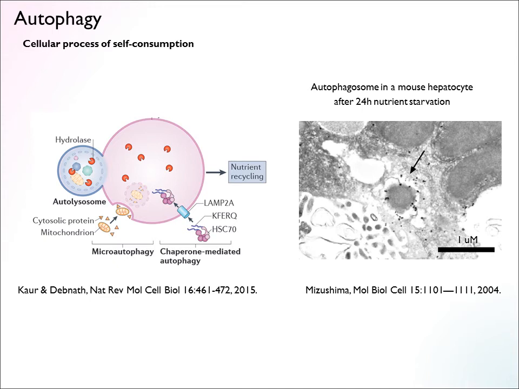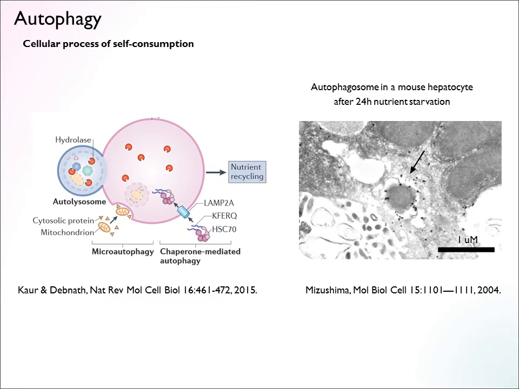But it's good to know that there are these systems where large structures of the cells can fuse with lysosomal-like vesicles. And in these you can degrade proteins and also other material, and this can liberate amino acids. And this is of course regulated in a variety of ways, so that structures are only broken down when needed.